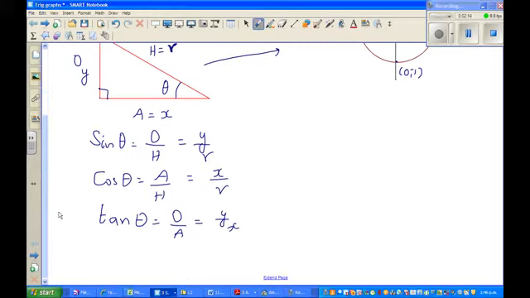Now one new thing that you probably may not know is that tan theta is the same as sine theta over cos theta. How did I get that?